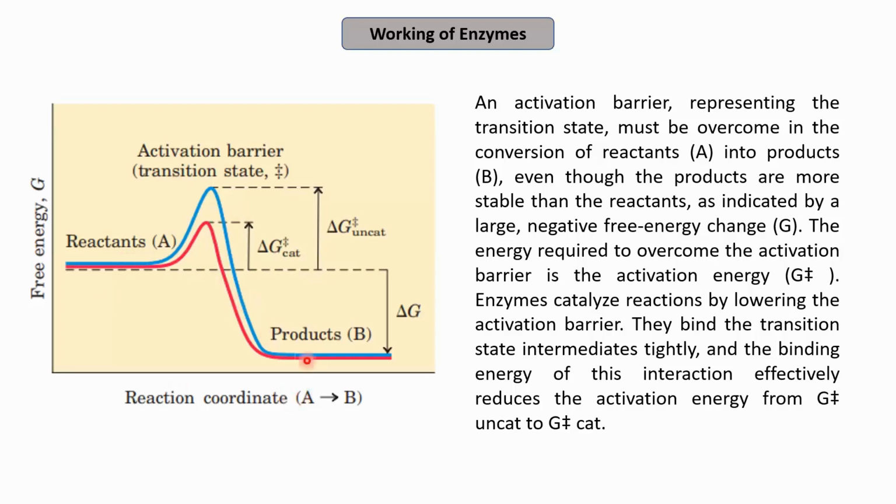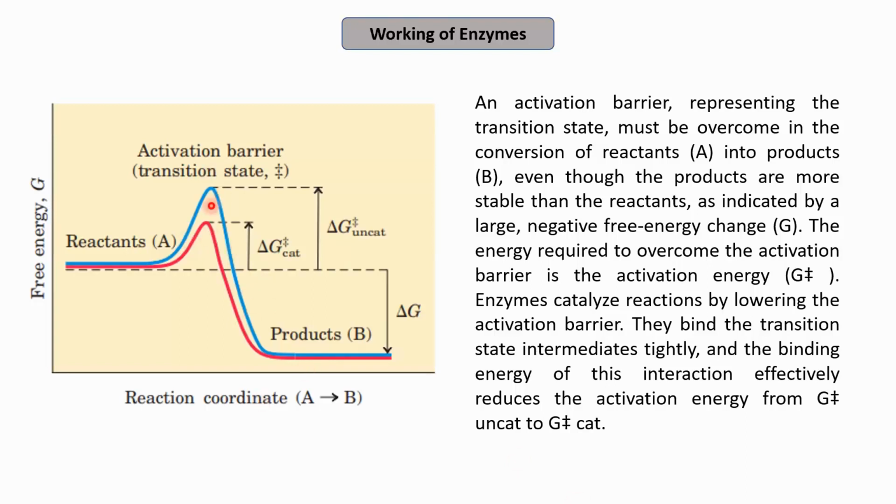Basically, what enzymes do is lower this activation barrier and thereby lower the activation energy required to cross the barrier. The blue line here represents the conversion of a reactant to product in the uncatalyzed form, when no enzyme is present, while the red line is the one in which reactants are converted to products through the catalytic mechanism.